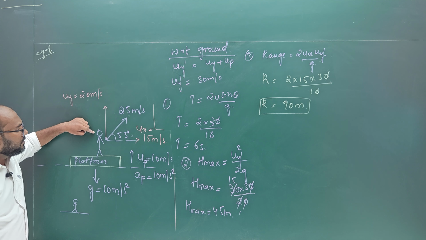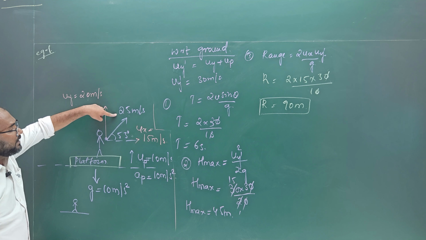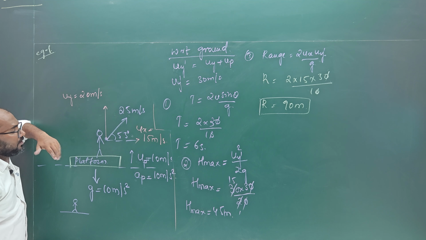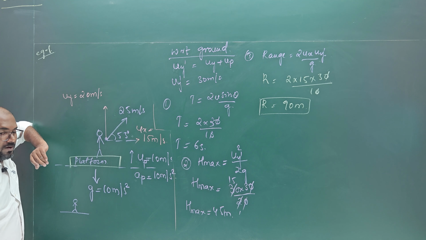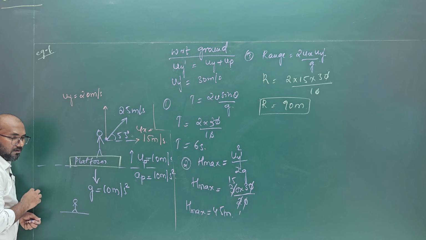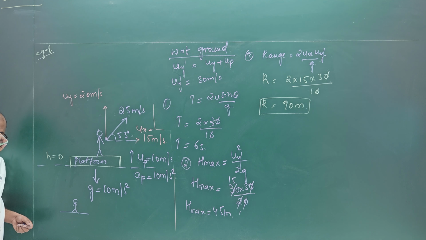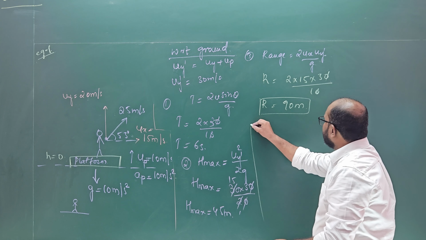A man standing on the platform projects an object with 25 meters per second at 53 degrees. Find the time period, range, and Hmax with respect to the platform, or the same three quantities with respect to the ground. So what is the difference between the platform and the ground? H is 0 now. So in this question H is 0. If the question is framed like this, same question, let us take the same values.